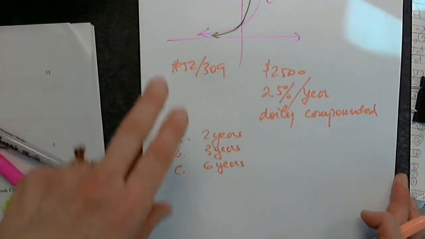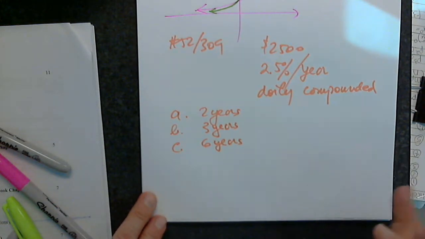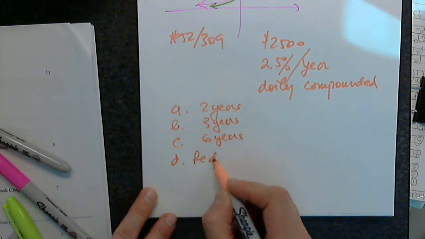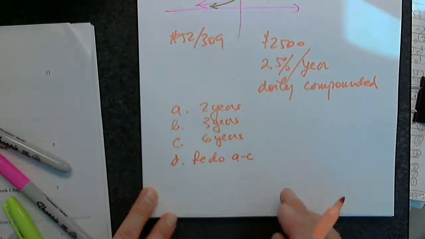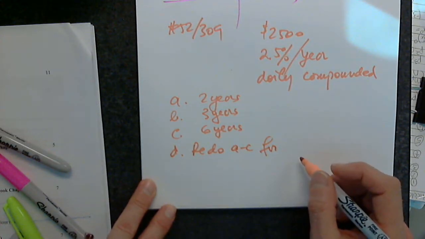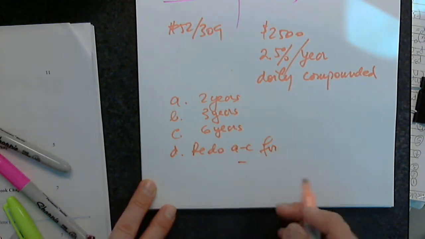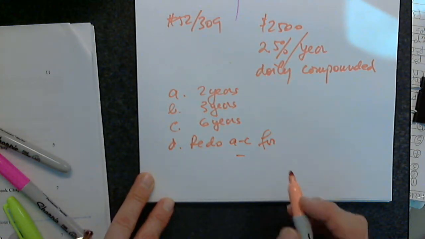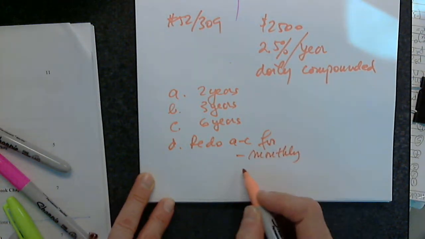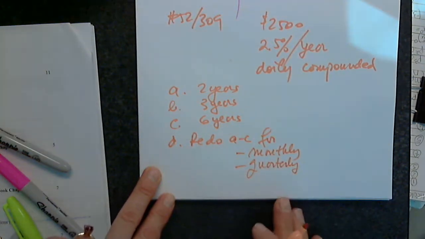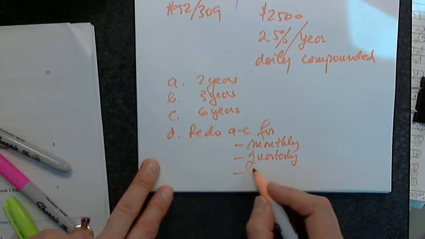I am going to add here part D, redo all A through C for interest compounded monthly, interest compounded quarterly, and semi-annually.